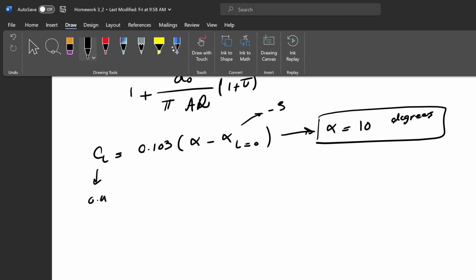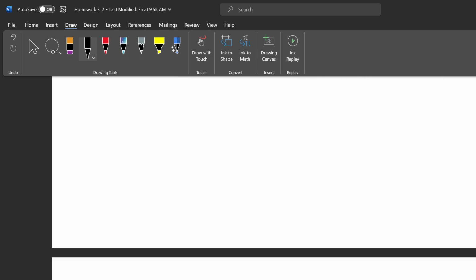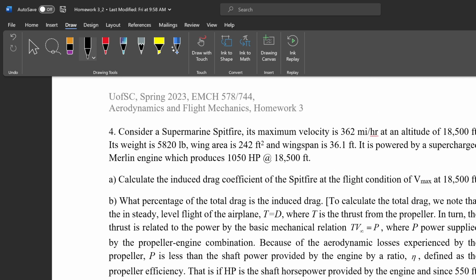Okay, problem number 4. For problem number 4, this is a long problem, but most of it is just a hint for us. We're told to consider the Supermarine Spitfire. Its maximum velocity is 262 miles per hour at an altitude of 18,500 feet. Its weight is 5,820 pounds.